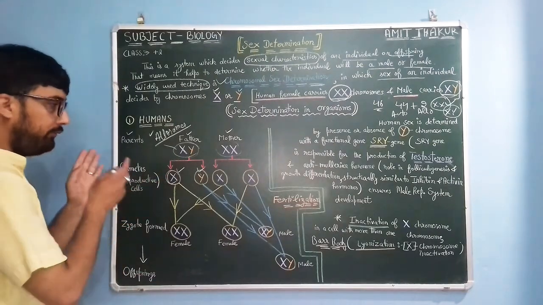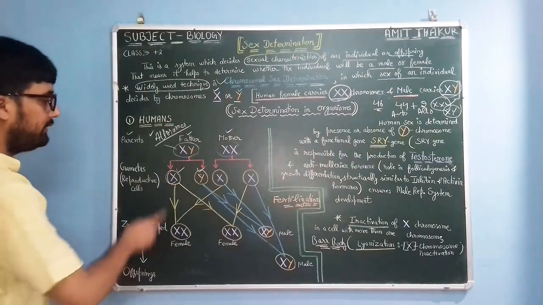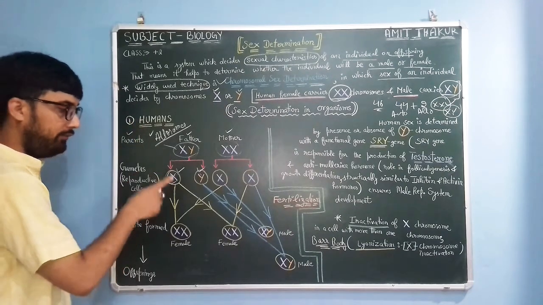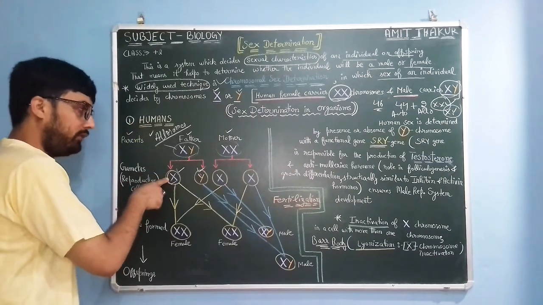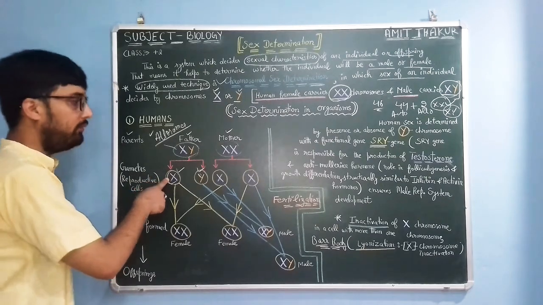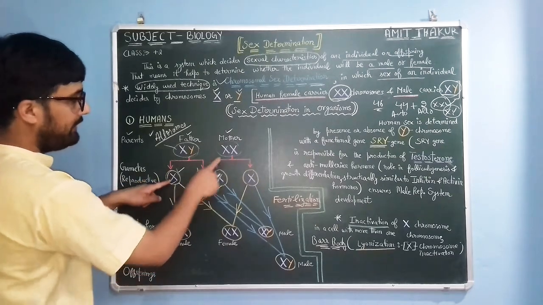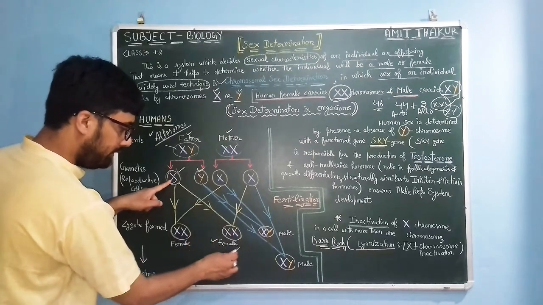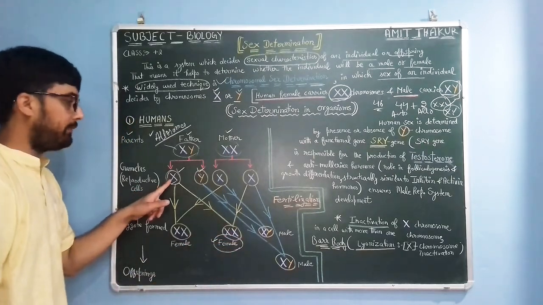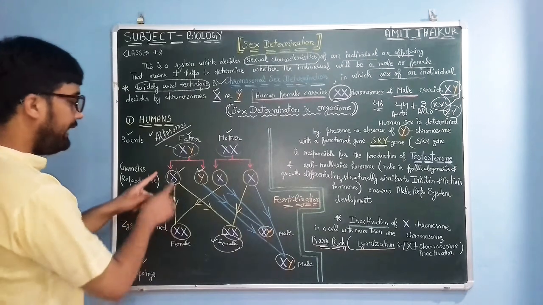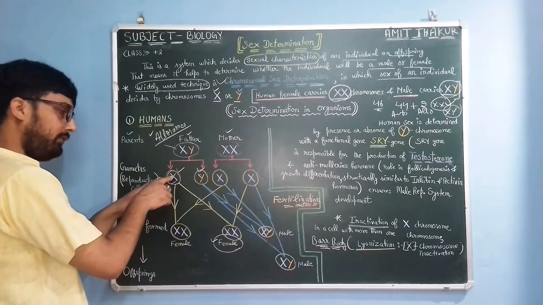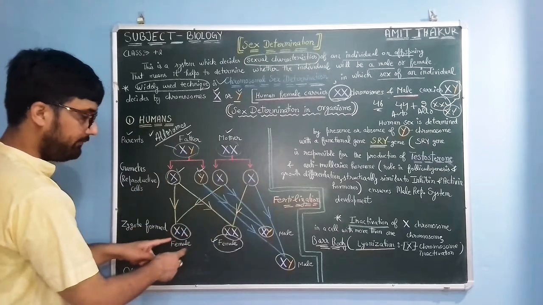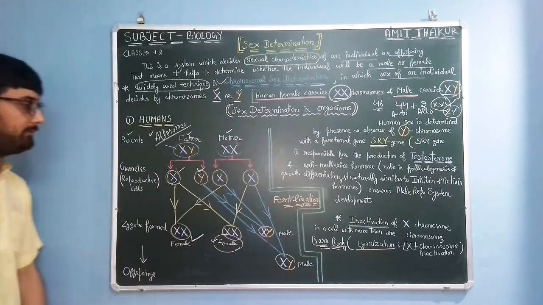So there are four possibilities. If this X chromosome of the father fertilizes with the X chromosome of the mother, the resultant will be a female individual. And if this X chromosome fertilizes with the other X chromosome of the mother, then again a female individual.